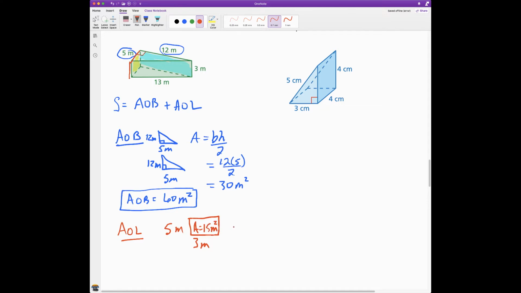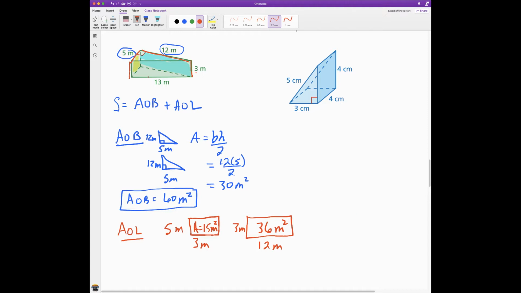Okay. I also have this other rectangle here, which is the blue one, which is 3 meters by 12 meters. So the area of this is 12 times 3, which is 36 meters squared.